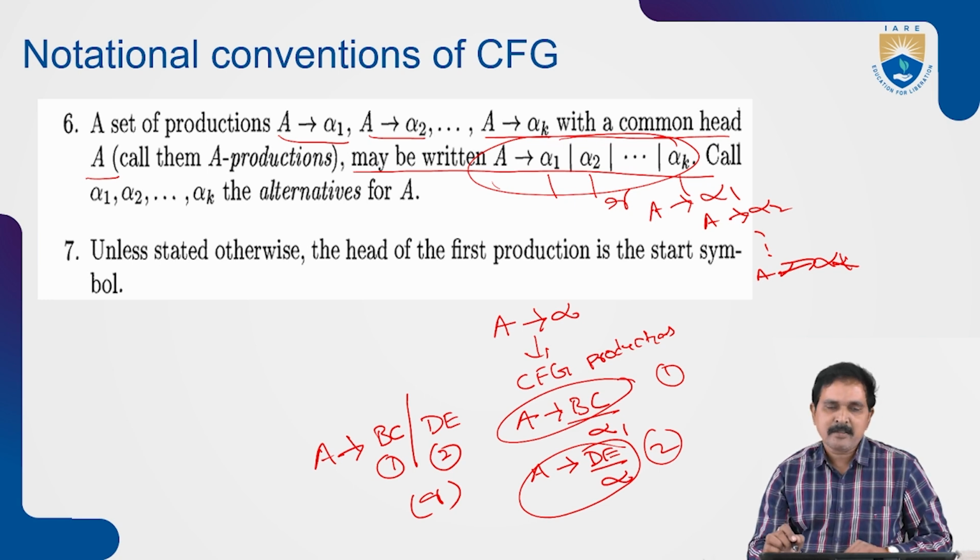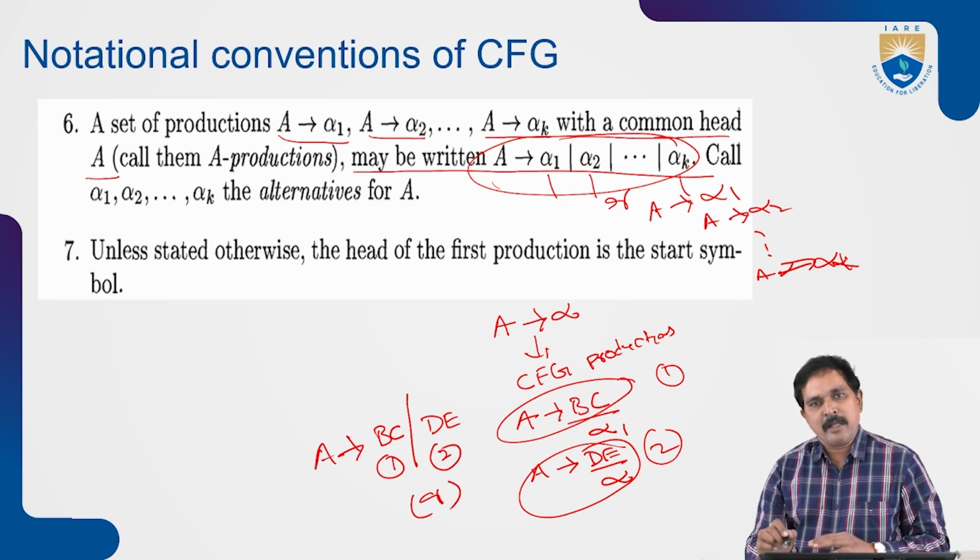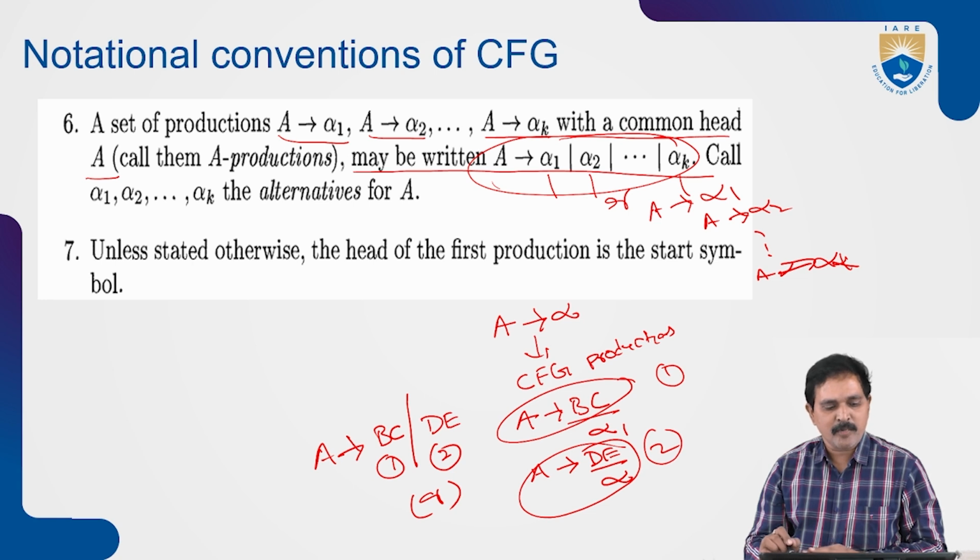These are the ideas for describing terminals, non-terminals, productions, and alternatives, where there is some common variable describing different strings. In that case, this is the notation convention of the CFG we are using.